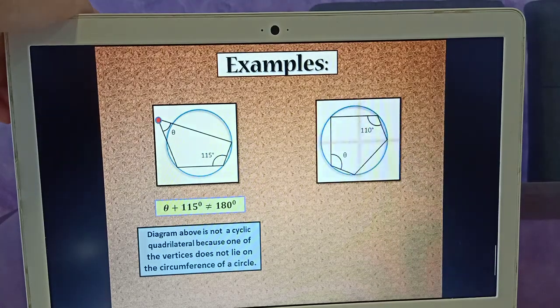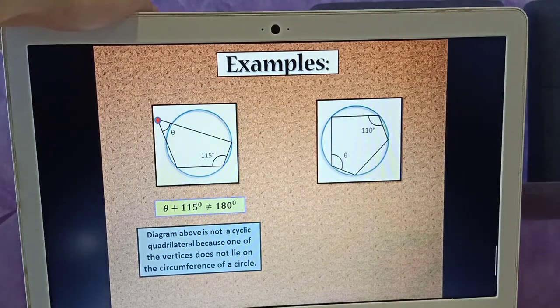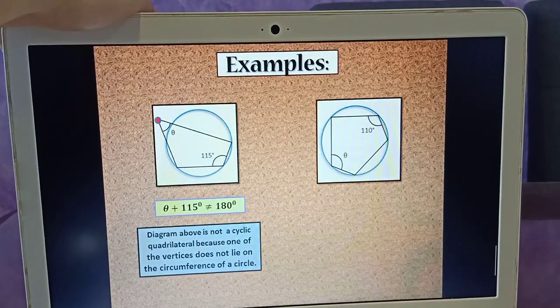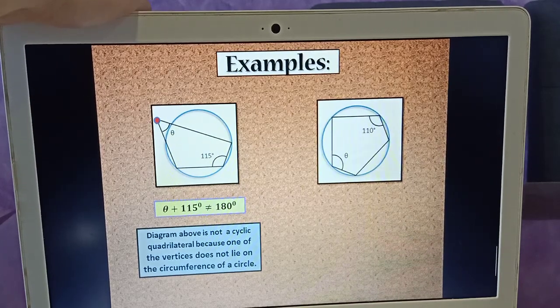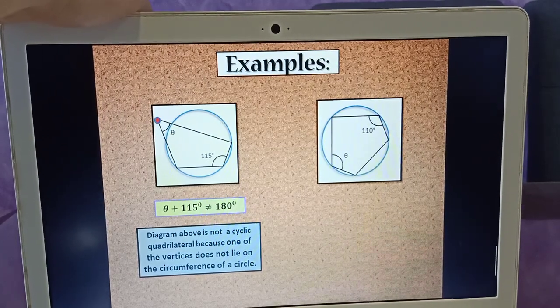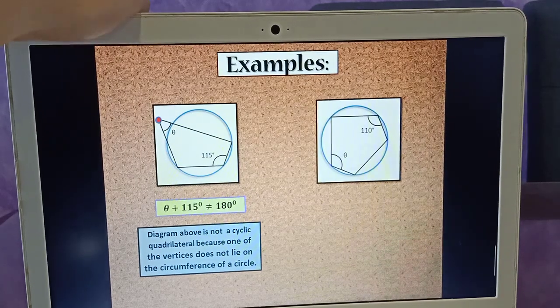How about this one? Can I say that theta and 180, their sum is equal to 180 degrees? Can or not? Is this a cyclic quadrilateral? You should always ask yourself this question: is this a cyclic quadrilateral? Do all of the vertices lie on the circumference?